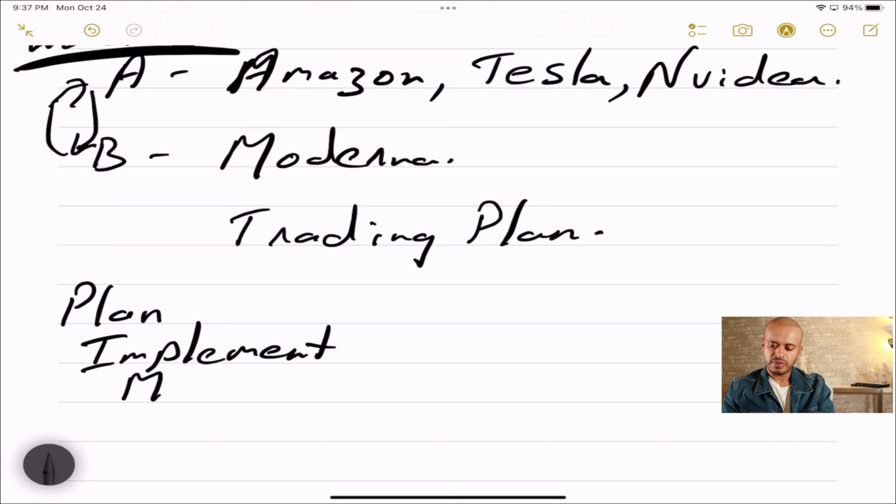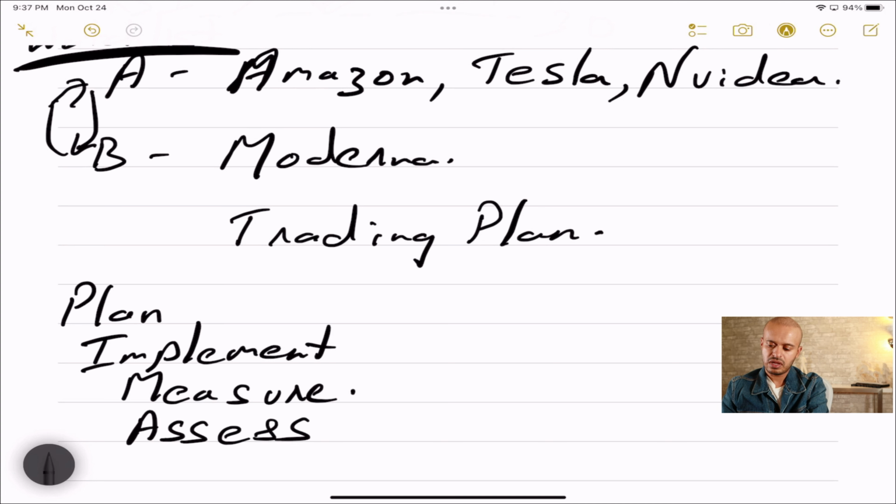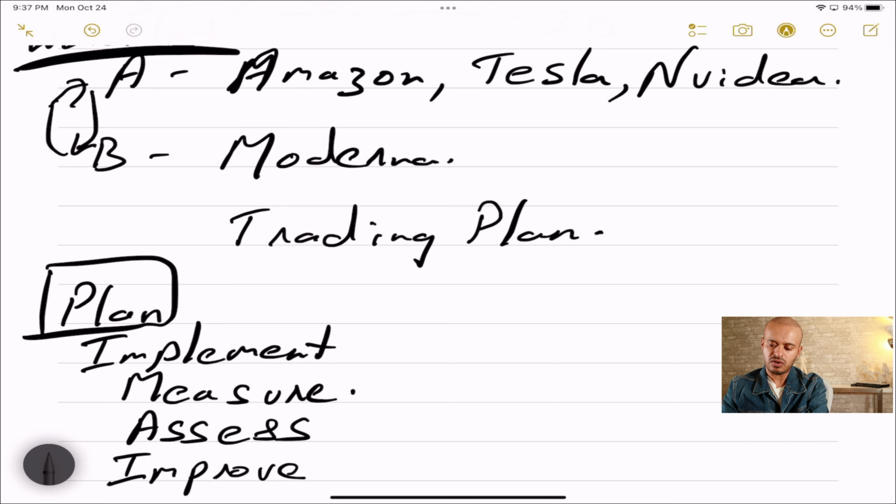The third is to measure. The fourth is to assess. And the fifth one is to improve. So this is all part of a trading plan, and these are steps in a sequence for how you should be trading according to the plan.